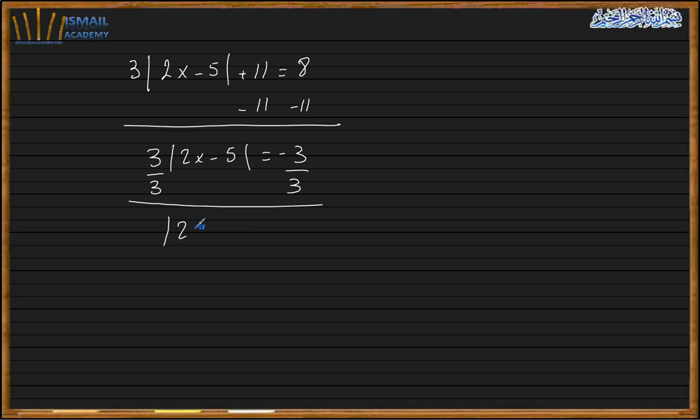I get the absolute value of 2x minus 5 equals minus 1. You see, an absolute value is positive, and it is equal to a negative. This is a false statement. No solution. So don't go further.